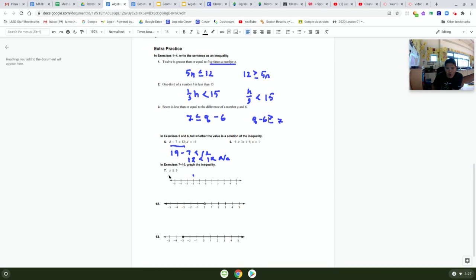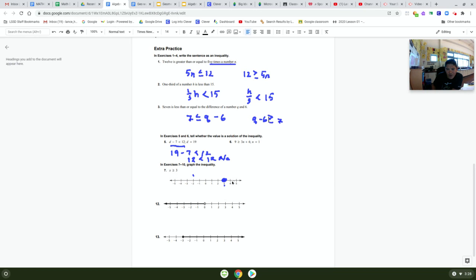On number 7, again, we're just skipping around here. Kind of like on part 1, I want to graph the inequality. Since the inequality has an equal to sign underneath it, I do want to make a filled in circle. If I read this from left to right, x is greater than or equal to 3. So I want to go out to 3 on my number line, and I'm putting a filled in circle at 3.